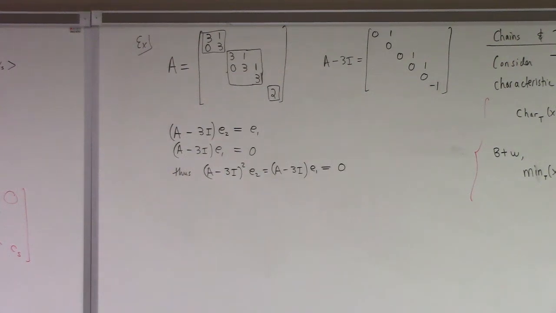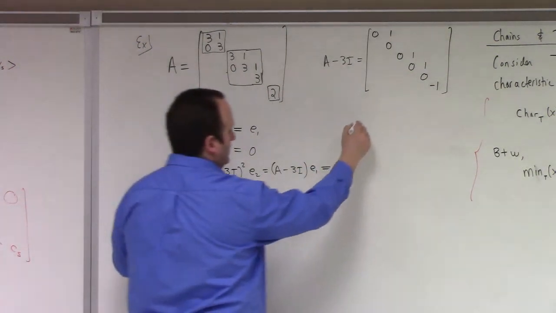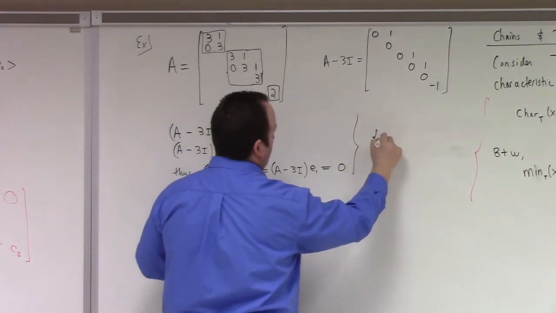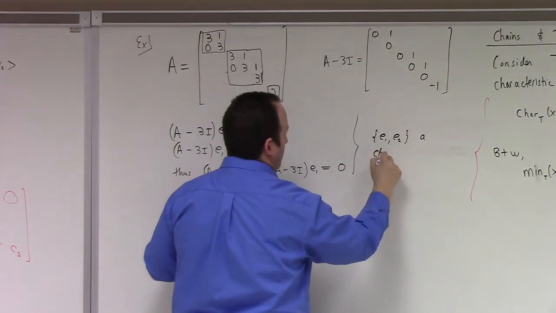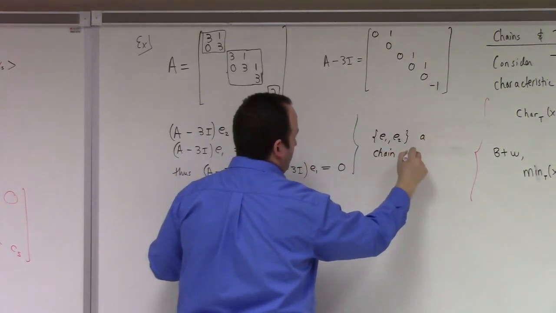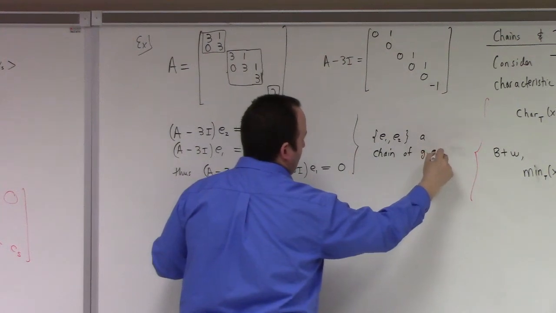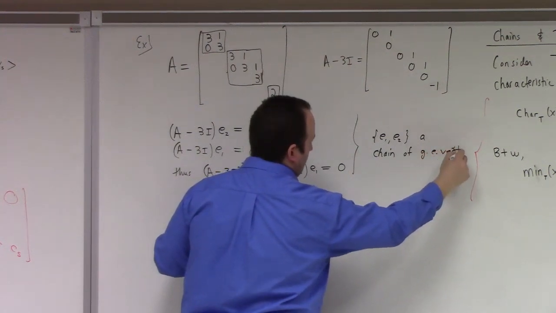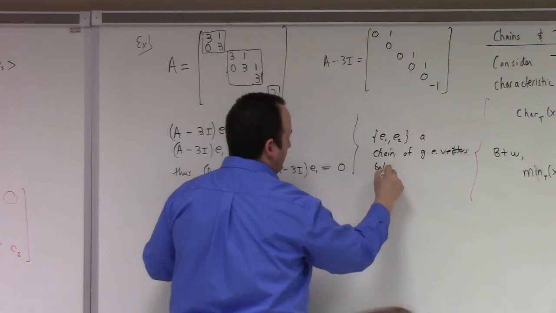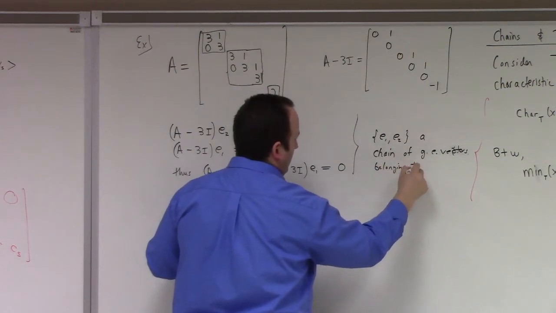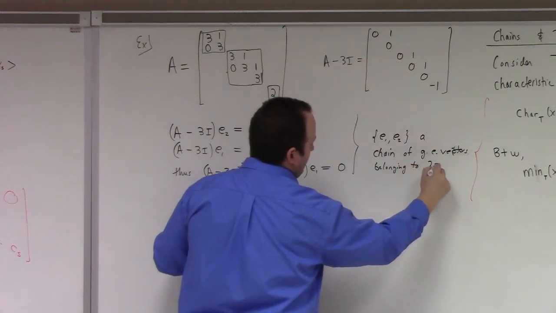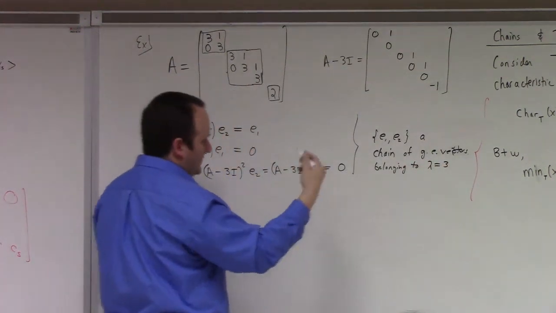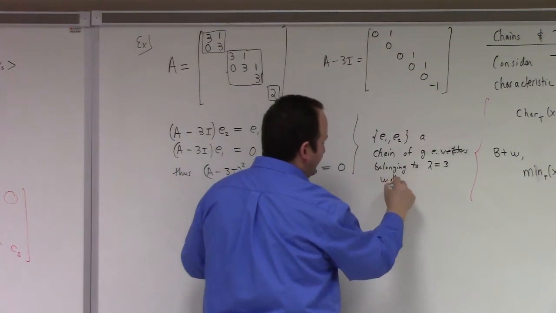This is what I mean by a chain. So this makes E1 and E2 a chain of generalized eigenvectors belonging to lambda equals 3 with length 2, right?